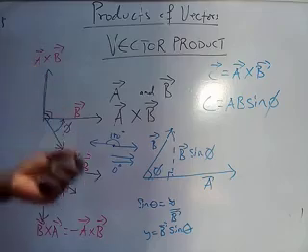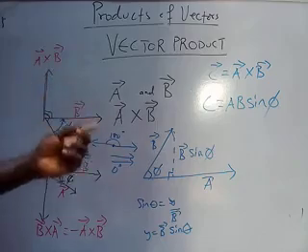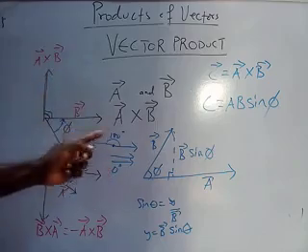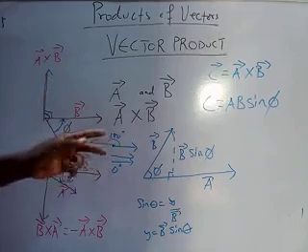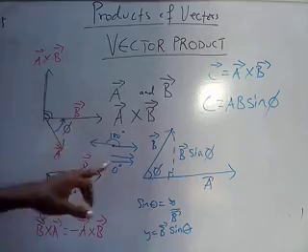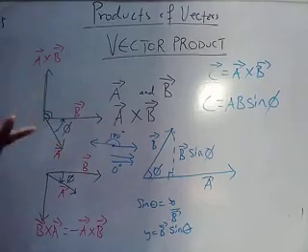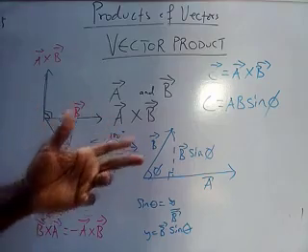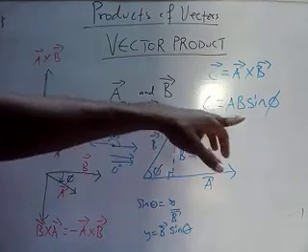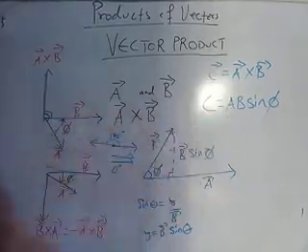And I've also said that when vector A and vector B are parallel or antiparallel, phi is equal to 0, as in this case, or 180. Are you getting me? And whenever phi is 0 or 180, the magnitude of C is 0, because sine 0 will give you 0 and sine 180 is also 0.